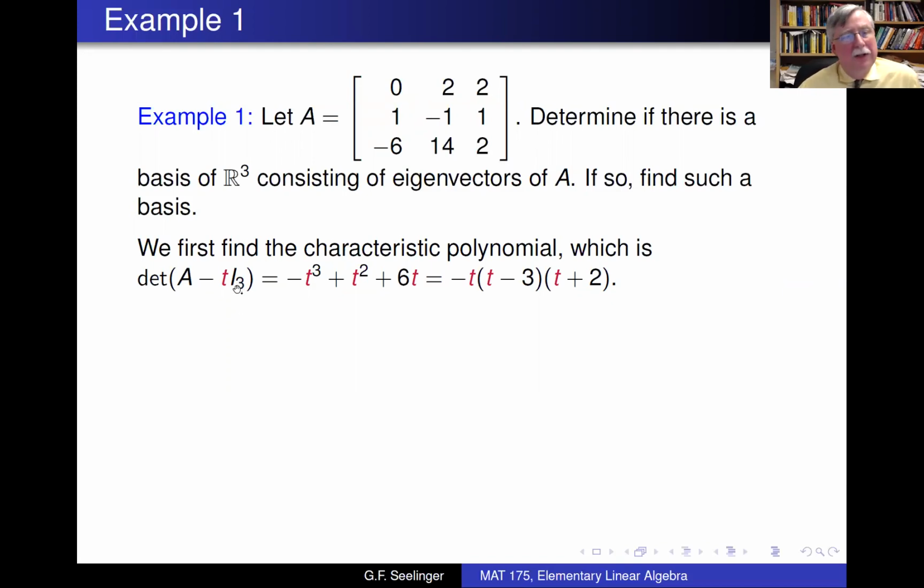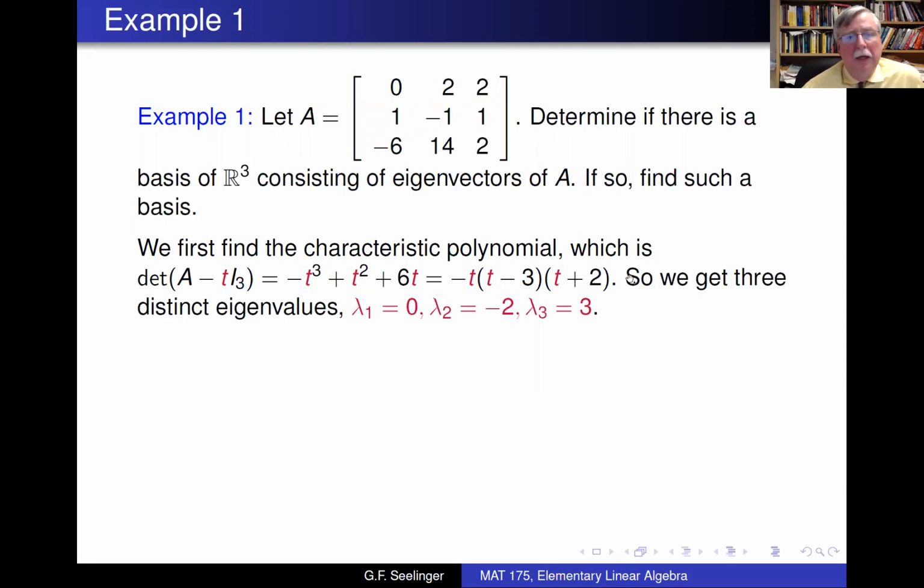We looked at how to do that on the calculator. Go ahead and factor it. I have these 3 linear factors. So my 3 eigenvalues are going to be lambda equals 0, lambda equals 3, and lambda equals -2.